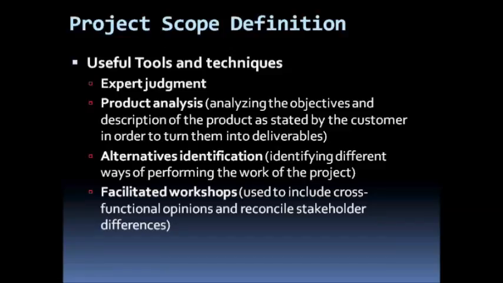Then we could employ product analysis, that is, analyzing the objectives and description of our products as given to us by the customer in order to turn them into deliverables. Then we could rely on alternatives identification, which involves identifying different ways of performing the work of the project. Then we could hold facilitated workshops so that we could get opinions from various stakeholder quarters.